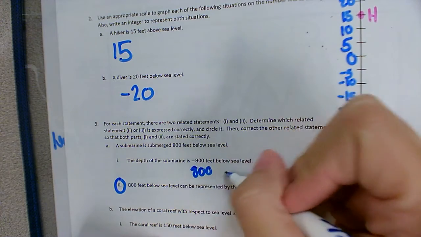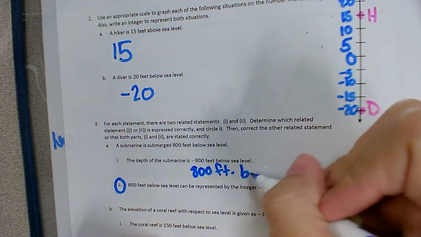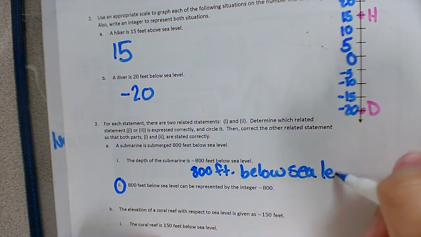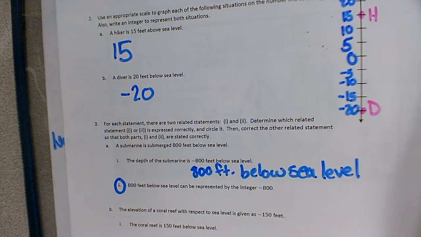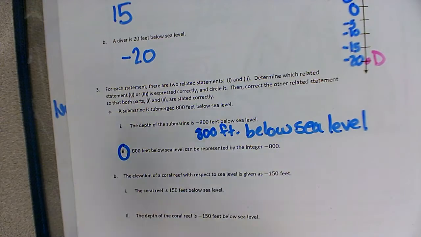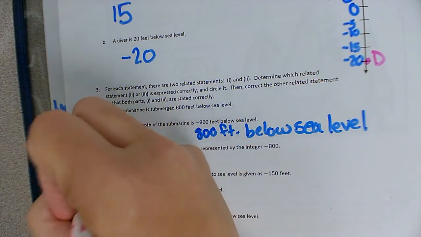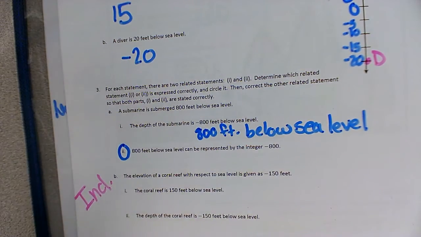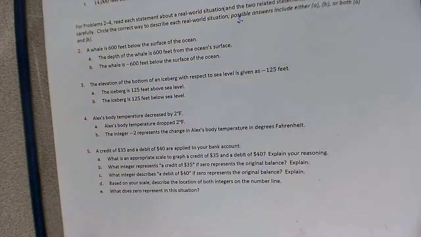So we'd say 800 feet below sea level rather than negative 800 feet below sea level. Part B, you're going to do on your own. Part B will be part of your independent practice.